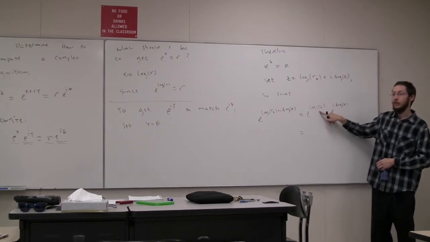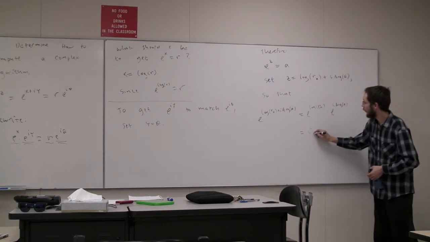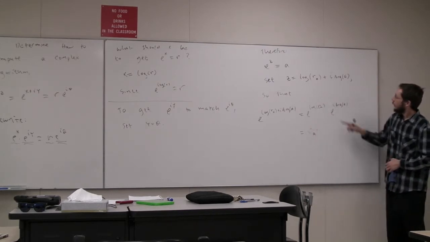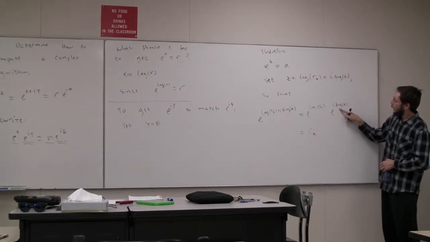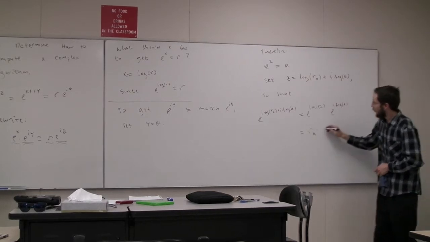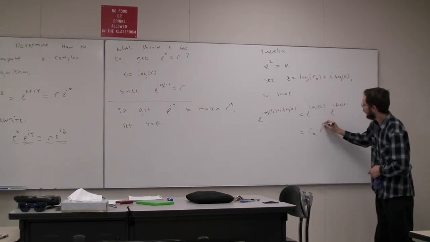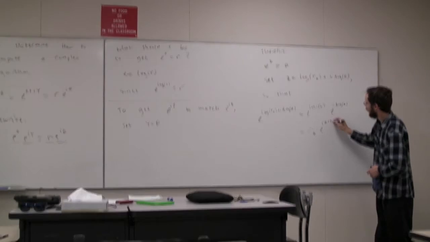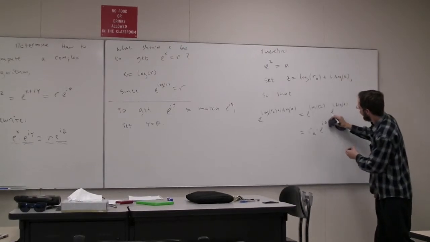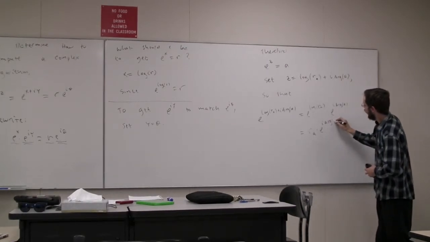e to the log of r of a, the e and log just cancel one another to get you the radius of a, and e to the i argument of a gives you, this one you can't really simplify that much, but its geometry should be clear.